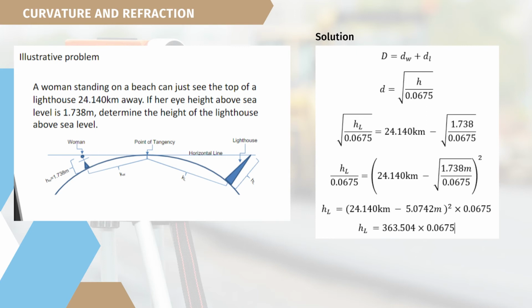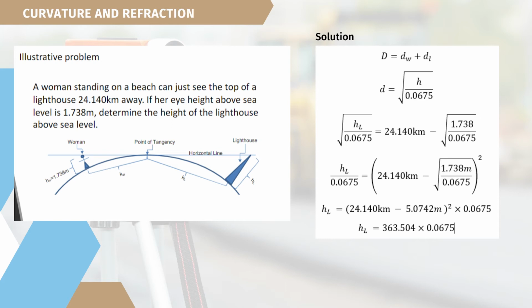And now, since we only need the height of the lighthouse, we need to multiply 0.0675 on both sides, which led us to H_L is equal to 24.140 kilometers minus 5.0742 meters, squared, multiplied by 0.0675.